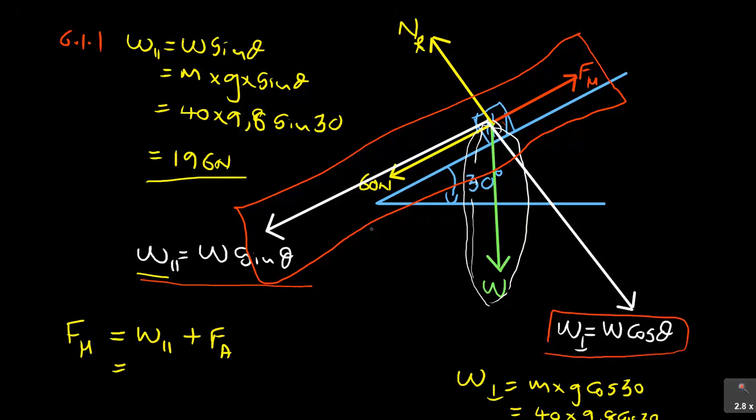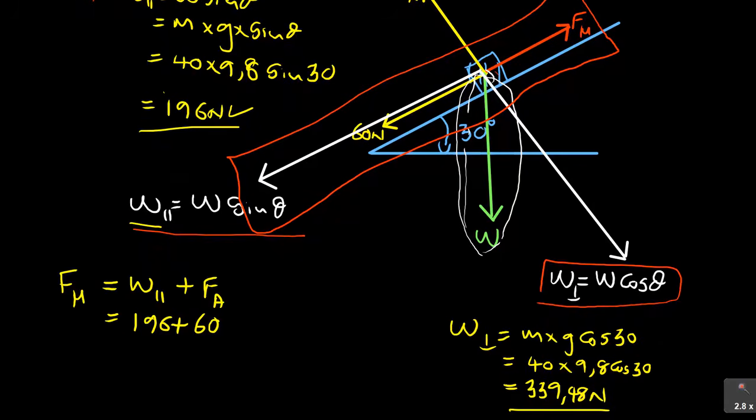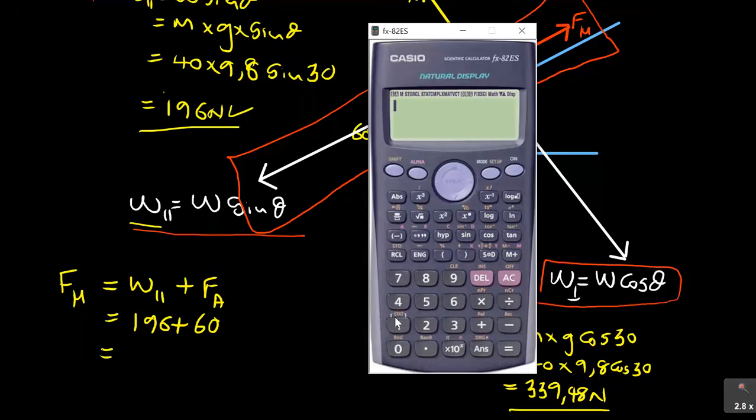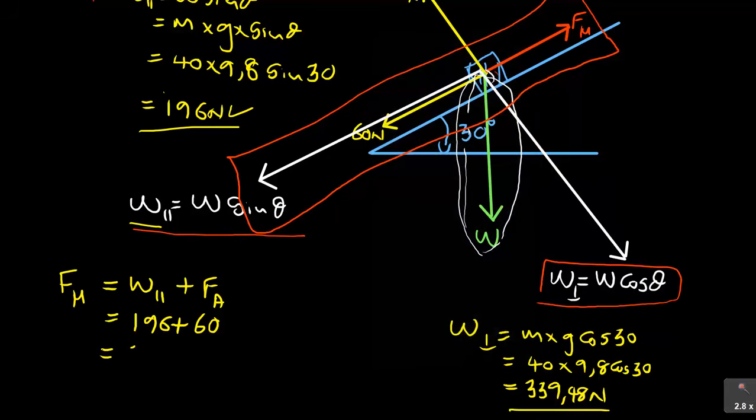Remember, it is being thrown down, that's what they said. So our W parallel, they say it is 196. We have it there already, so it's 196 plus the applied force with which this object was being pulled down, which is 60. If you add that, it gives us 196 plus 60, which is 256. So our frictional force is 256 newtons in this case.